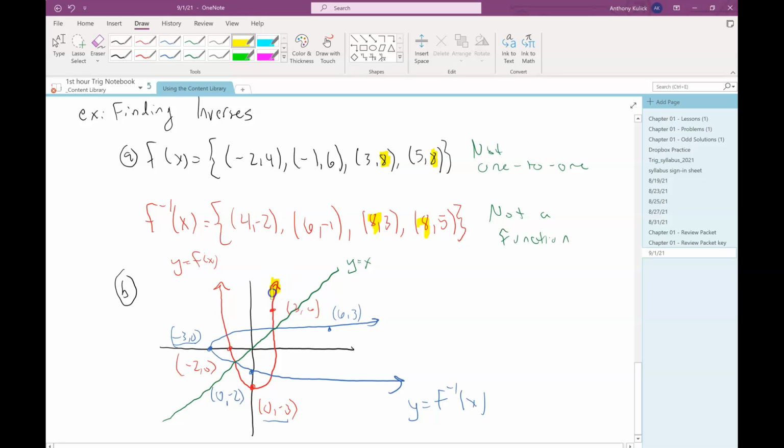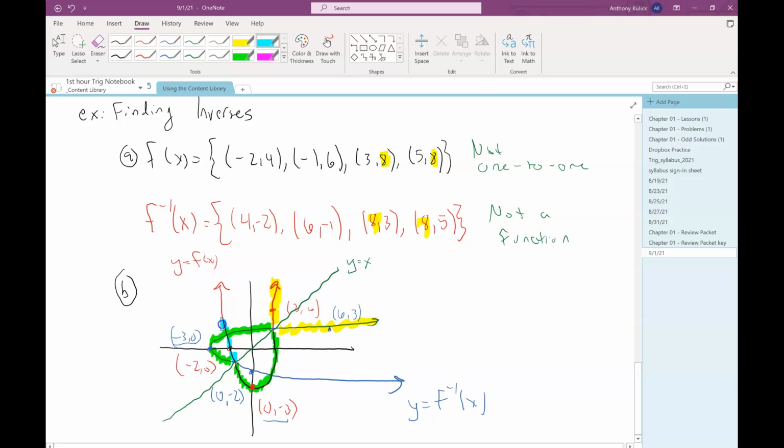So like if I take this part of my function, when I reflect it across y = x, it gives me like that part of the inverse. If I take this part of my function and I reflect it across the line y = x, I get this part of the inverse.